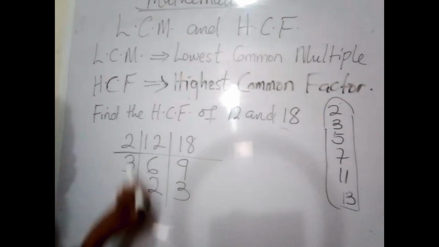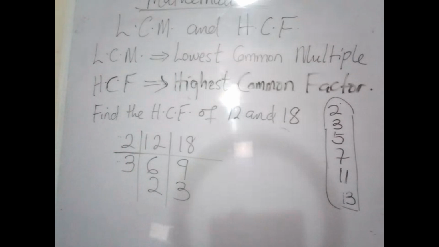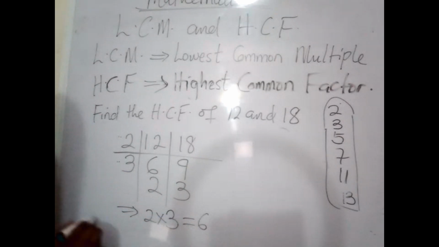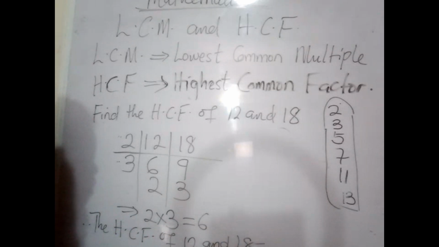Okay, so we're going to stop here and we will take the multiplication of these two prime factors. That will give us our answer. So we have 2 times 3, which is 6. That means the HCF of 12 and 18 is what?